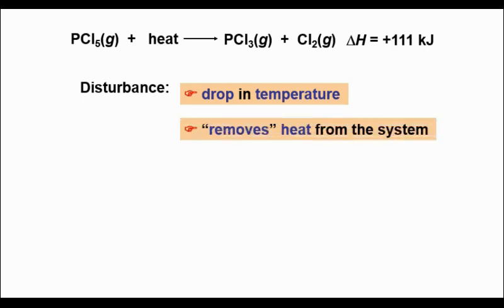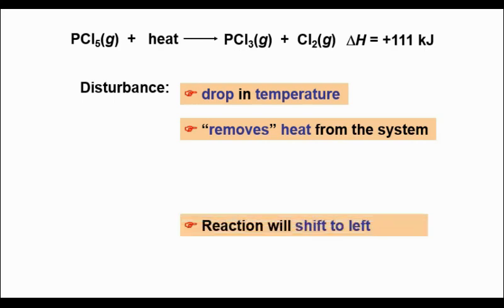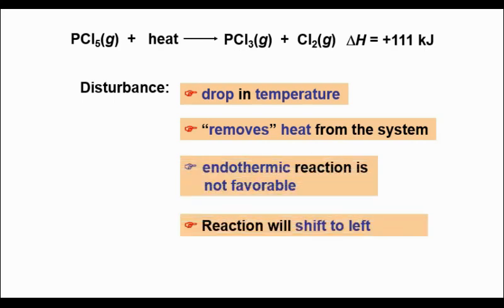Decreasing temperature means we are removing heat from the system, so the endothermic reaction is not favorable. It will not move forward. Therefore, the reaction will shift from right to the left. The equilibrium position will shift from right to the left.